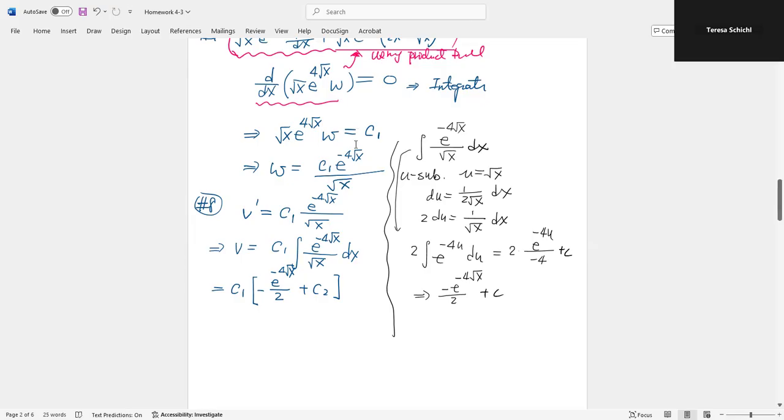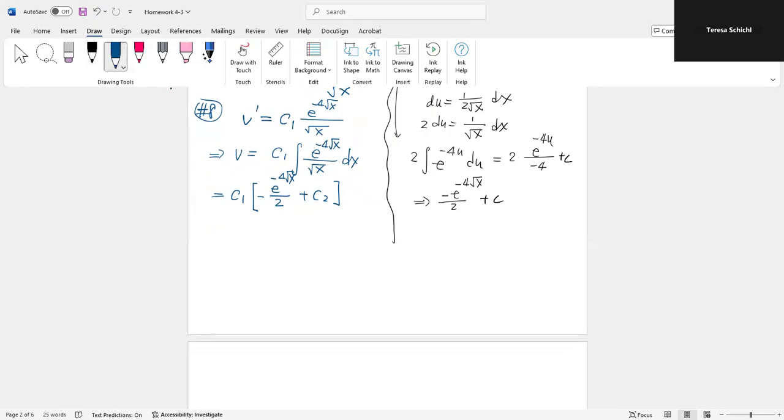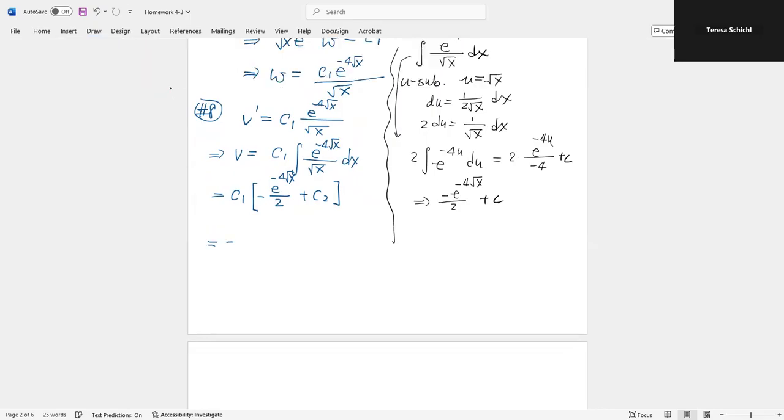Okay, so now we can take this out. Then this one will be negative C1 times 2 and e to the negative 4 square root of x plus C2. Because this is a C1, I can really change this to another constant here, right?